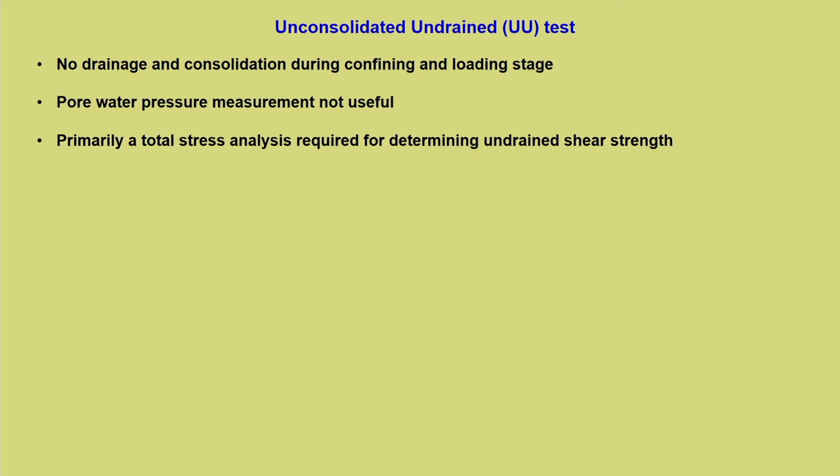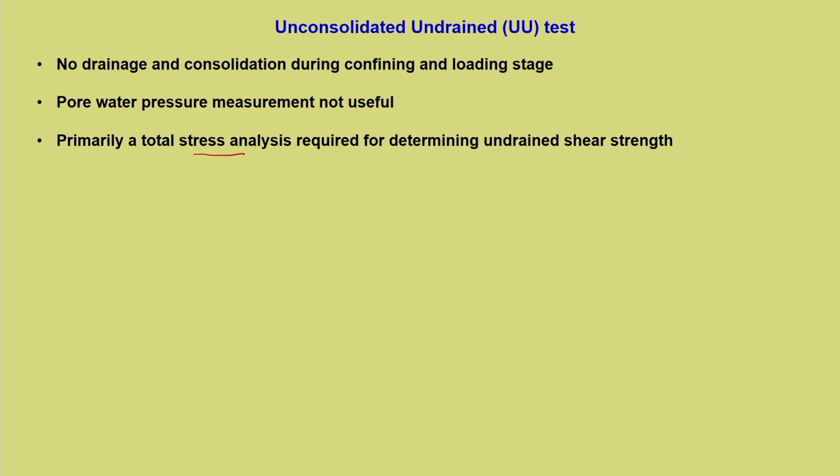Primarily, a total stress analysis is required for determining undrained shear strength. So, this is purely a total stress analysis, and the second and third statements are complementary to each other, because if the pore water pressure measurement is not going to be useful, then it is apparent that we are not going to have results in terms of effective stress.